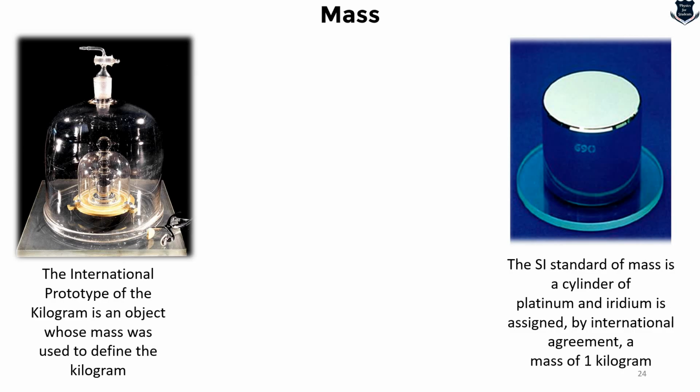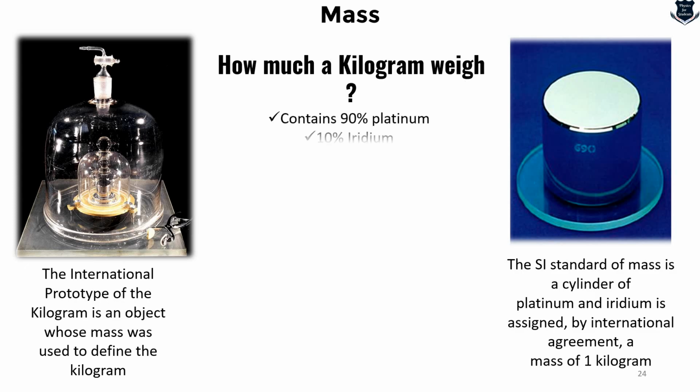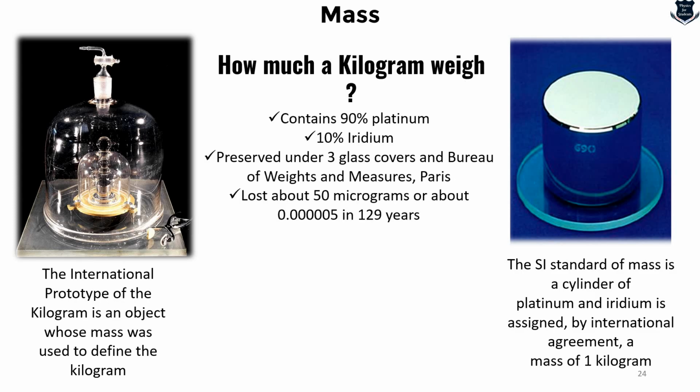So this is the international agreement on what would be 1 kilogram, and then accurate copies have been sent across the world to other countries, and the masses of other bodies can be determined by balancing them. Now, if I ask you how much a kilogram weighs, or I would put it this way, what is actually inside a 1 kilogram weight, then this is the answer.